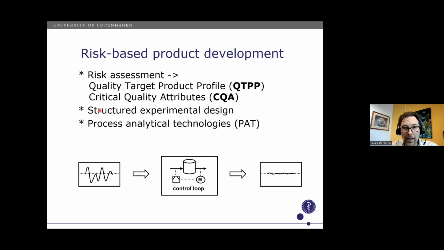And once you have nailed down the factors that affect the system, and you know how they affect it, then you can start thinking about implementing some process analytical tools for controlling them. The idea of PAT is that you have an idea how variation in the system affects the quality of your product. Then you build up process analytical solutions that measure what is happening during processing, and then do corrective actions, changing the process parameters so that you always get the minimal variation that you want for the product.